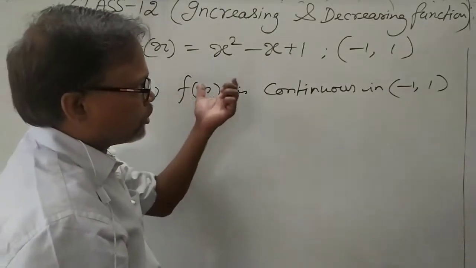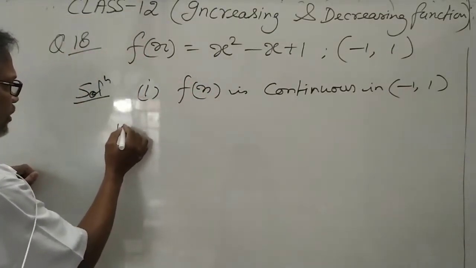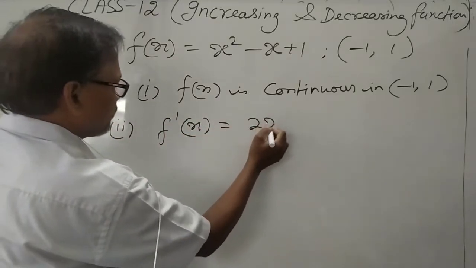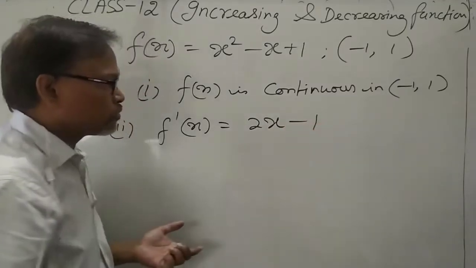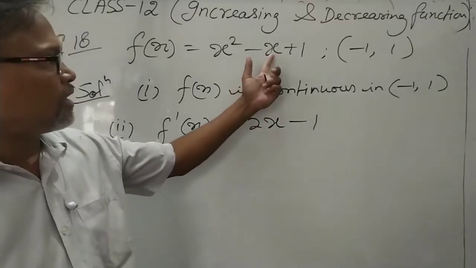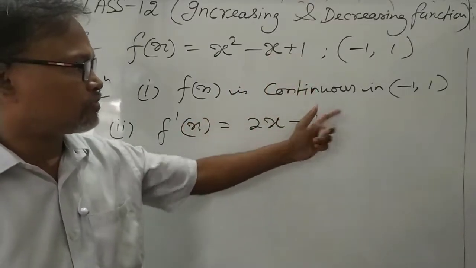Why? Because it is a polynomial. Second part, find f dash x. That will be 2x minus 1, because the differentiation of x square is 2x, of minus x is minus 1, and of plus 1 is 0.